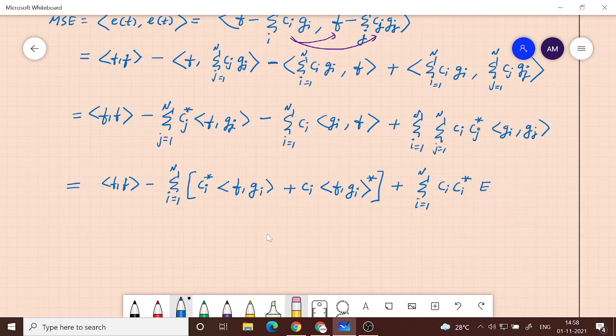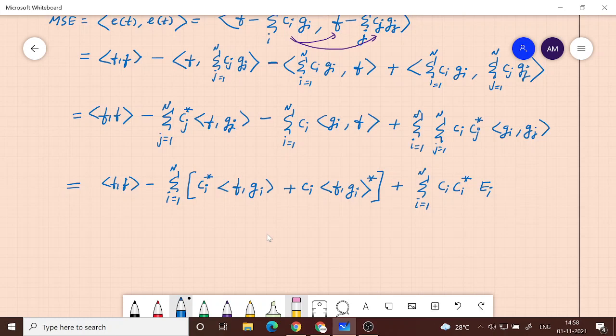This is a confusion, maybe it should be ei, the energy of the ith function, that is gi, energy of gi in the orthogonal set. If I write Eg it is not clear, so I should write ei. Gi inner product with gi will give ei, the energy of that signal, and there are n different values I can take, and therefore there are n terms here.